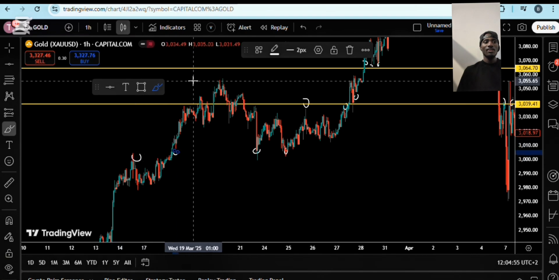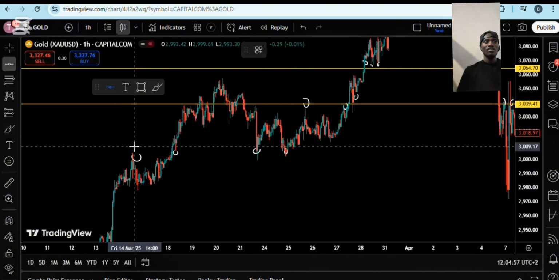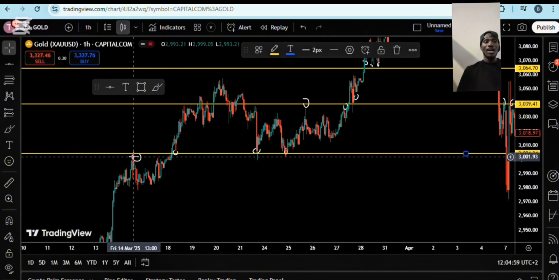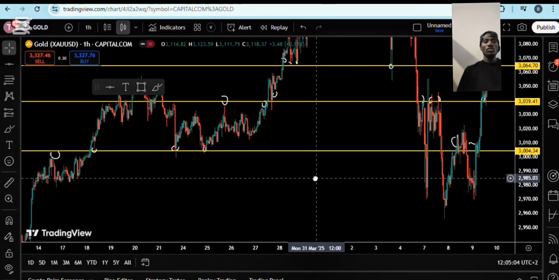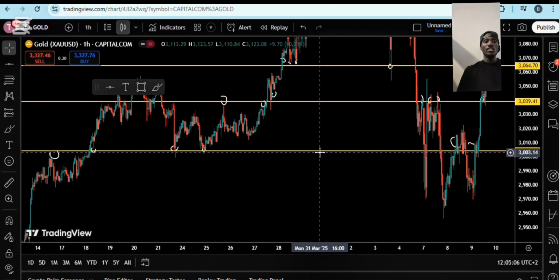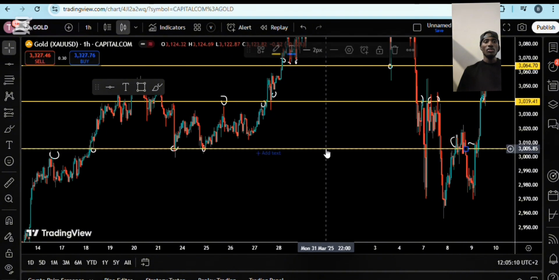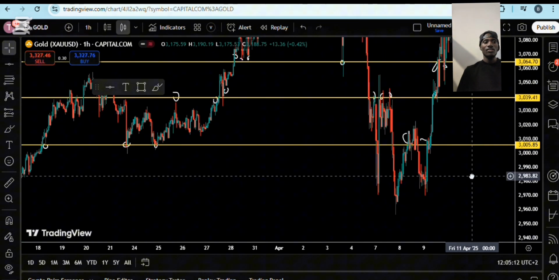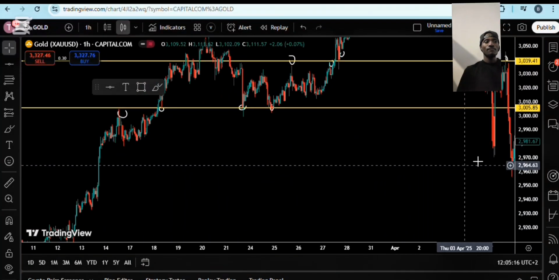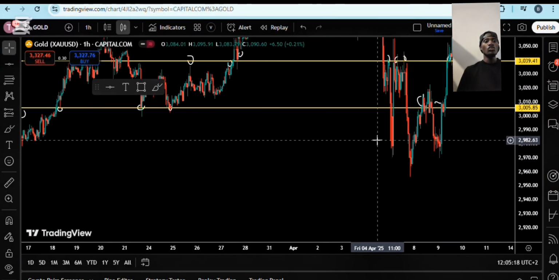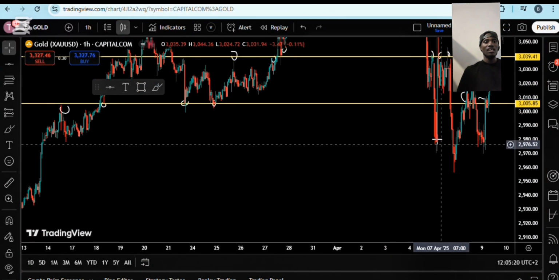Perfect. I think these ones are good, right? I take my ruler, I find the middle part of all the lines, the median part of all the lines, connecting all the dots together. Let me adjust my resistance or my support. It's actually support to there, to right there, right? And perfect. So that is actually how you draw your support and resistances.